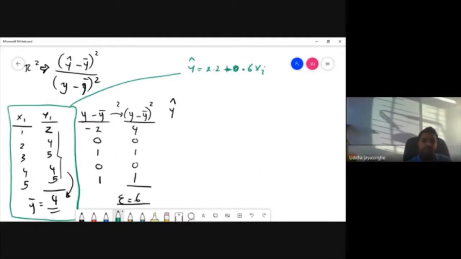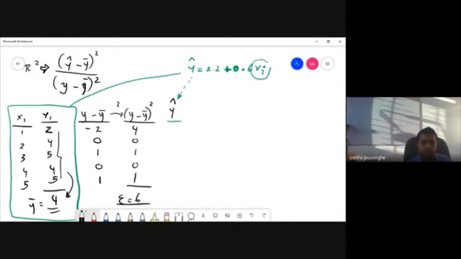We calculated this. That means we can use the individual x values for these particular points and apply it to this equation and calculate the y hats.